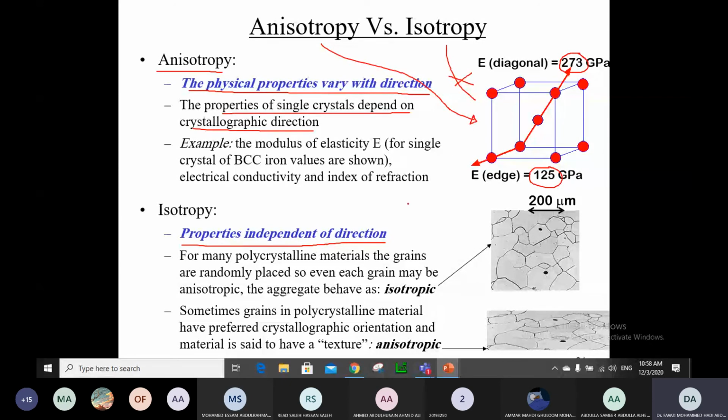But generally, polycrystalline materials display, let's say this is a polycrystalline material. If we look at a single crystal, of course, because the atoms are oriented in certain preferred directions, it will have properties in this direction different than properties in that direction. But this is for a single crystal.